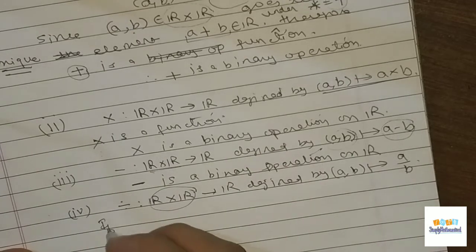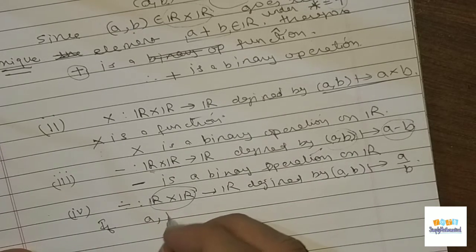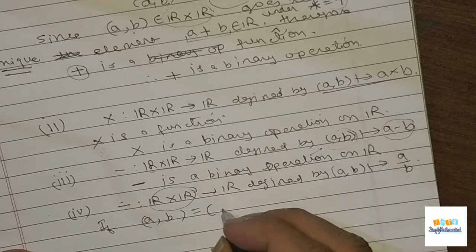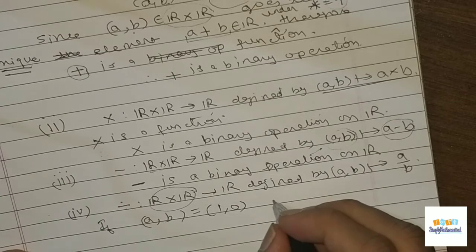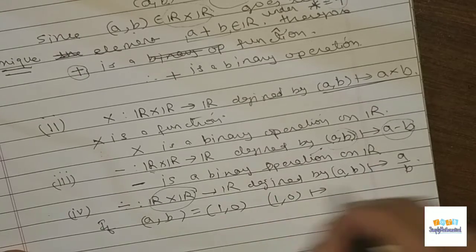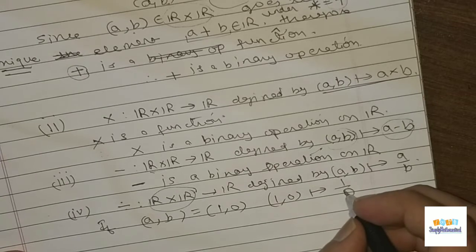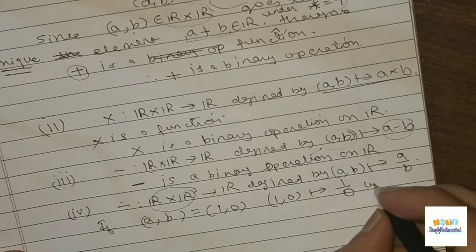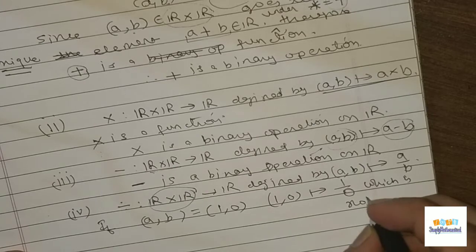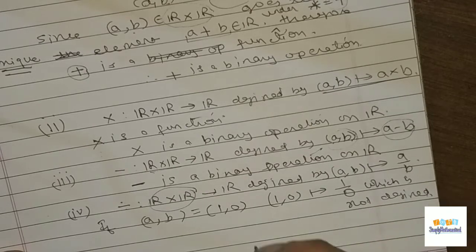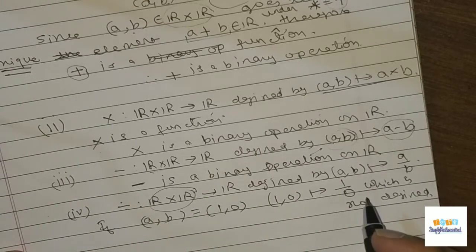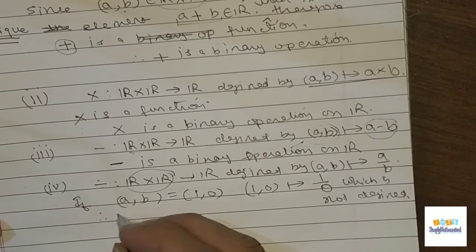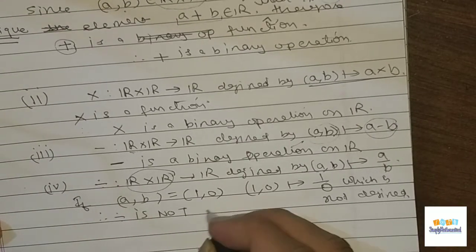Because if (a, b) is equal to say (1, 0), then what will happen? (1, 0) under this function will go to 1 divided by 0, which is not defined. So here you see that this division on the set R cross R is not a function. Therefore division is not a function.